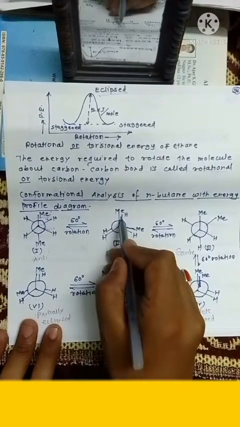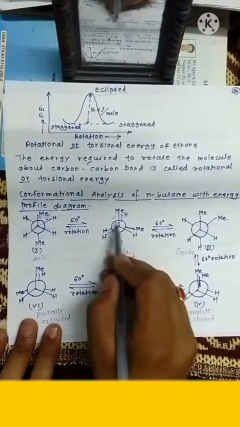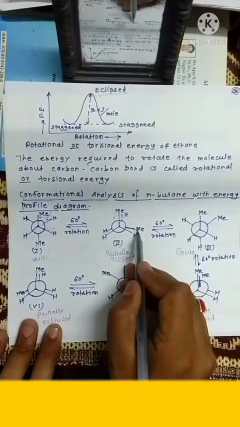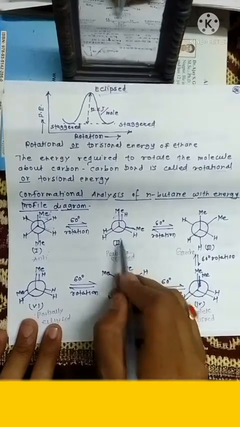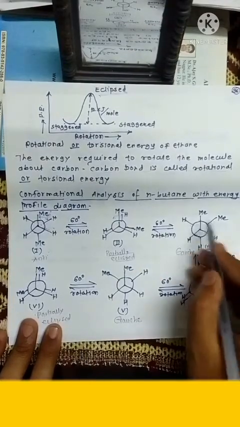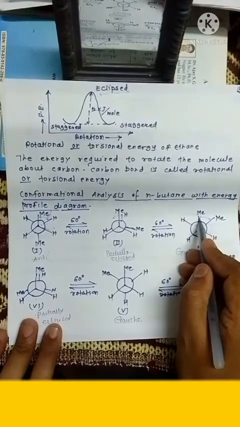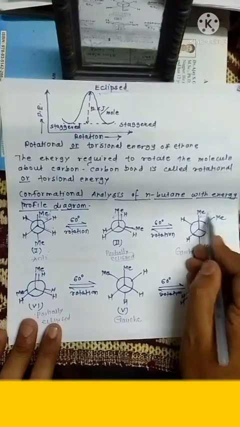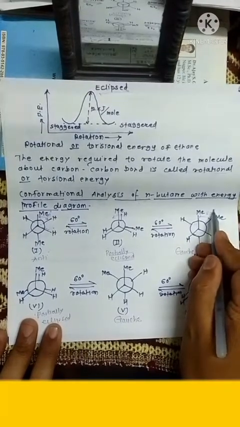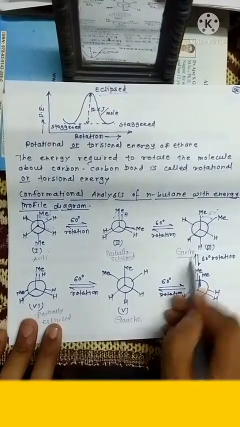If we again rotate it by 60 degrees, this hydrogen comes here, this methyl comes here, this hydrogen comes here like this. Just note that the angle between the 2 methyls in this case is now 60 degrees, so it is known as the Gauche conformer.